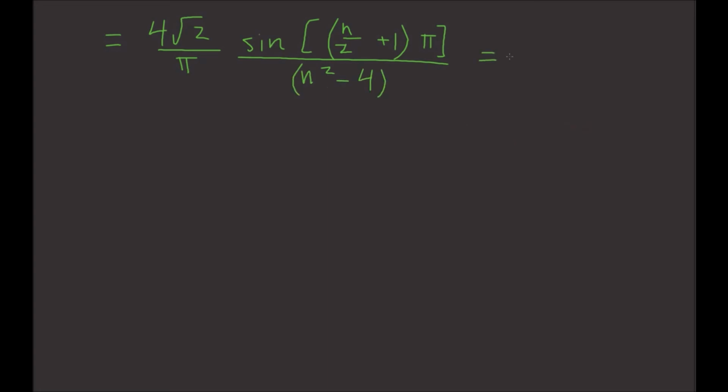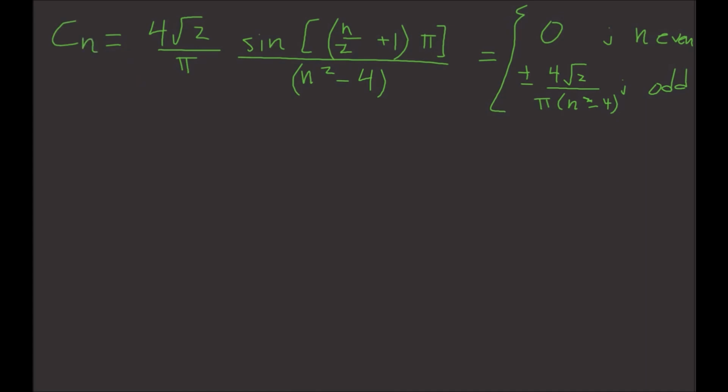So this is equal to 0 if n is even, and it's equal to plus or minus 4 times the square root of 2 divided by pi times n squared minus 4. This is for odd n. So this is c sub n, right?